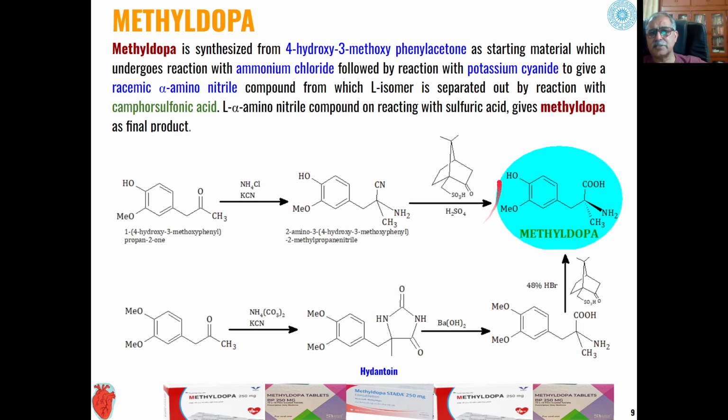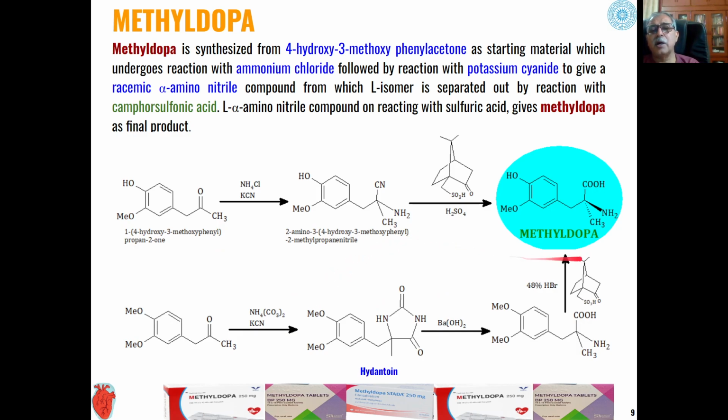Camphor sulfonic acid is used for resolving this aminonitrile compound, which after hydrolysis will give us methyldopa as the product, which is an optically active compound.